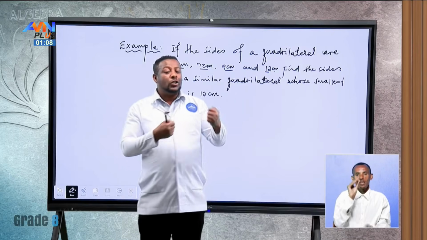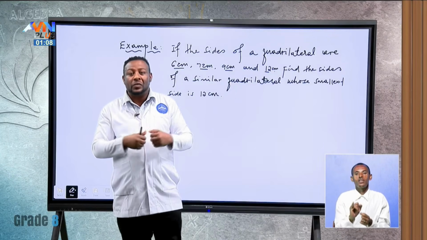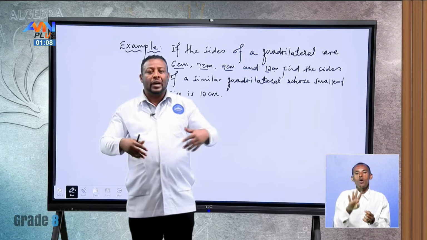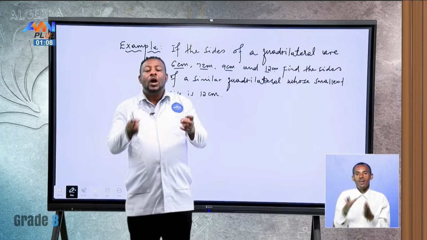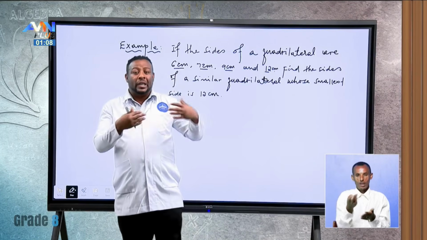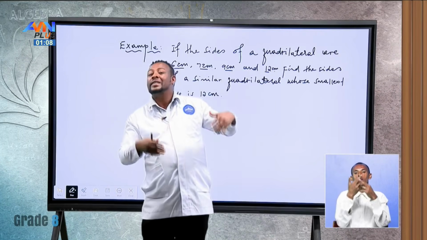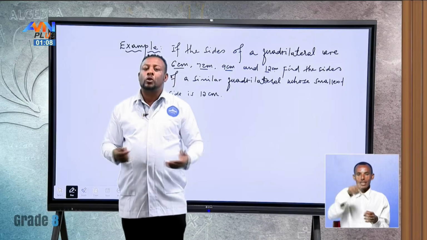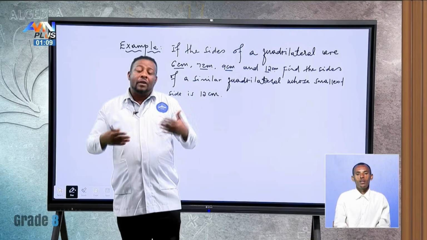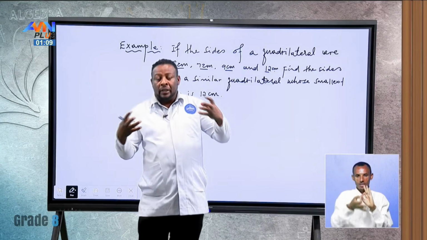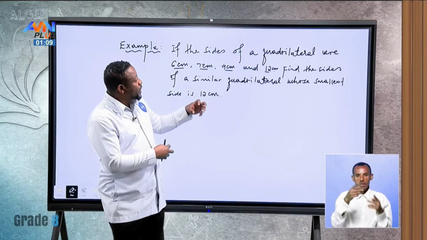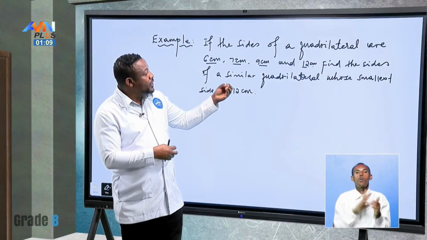And the second condition of similarity of a polygon is the ratio of all pairs of corresponding sides must be proportional. Okay, so having this definition in our mind, we will try to see how we can find the sides of the unknown quadrilateral.